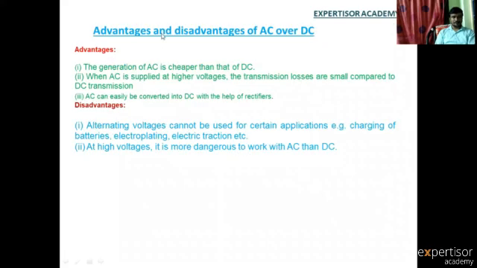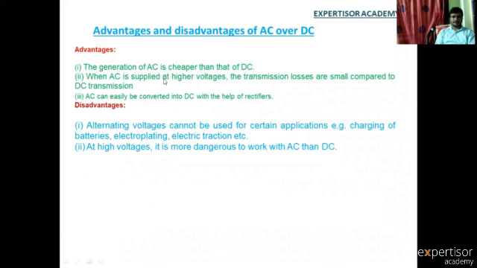Next, verify the advantages and disadvantages of AC over DC. Advantages. The generation of AC is cheaper than that of DC. So generation of AC is very cheap when compared to DC.